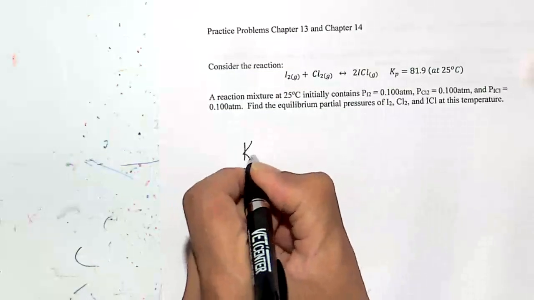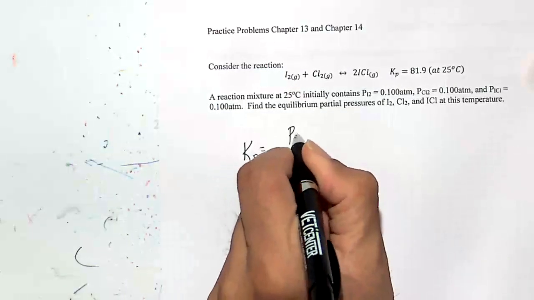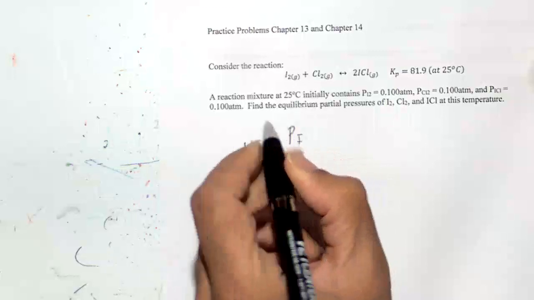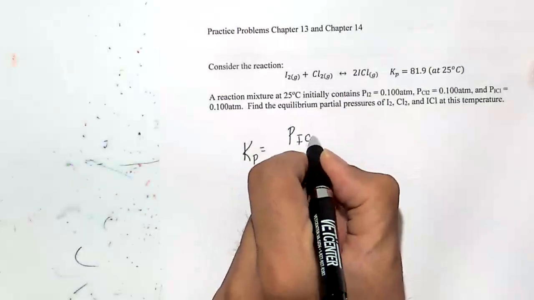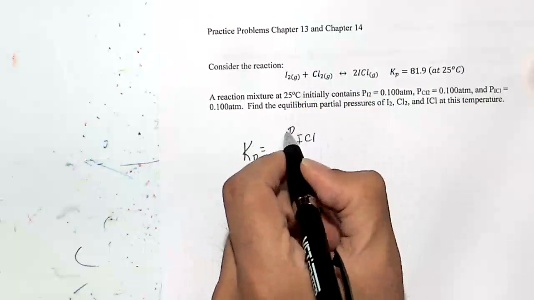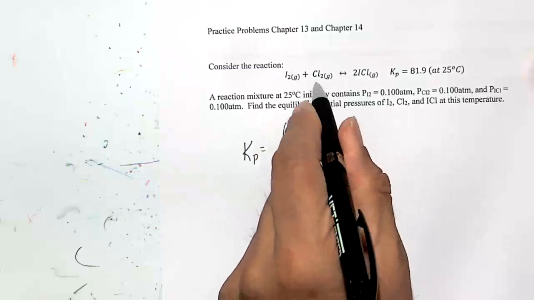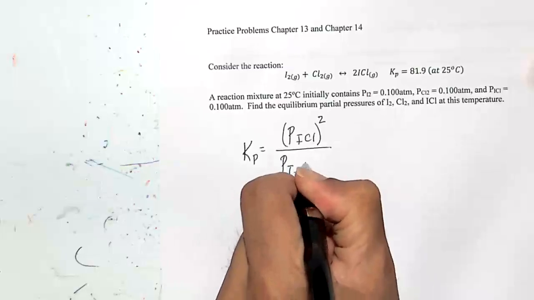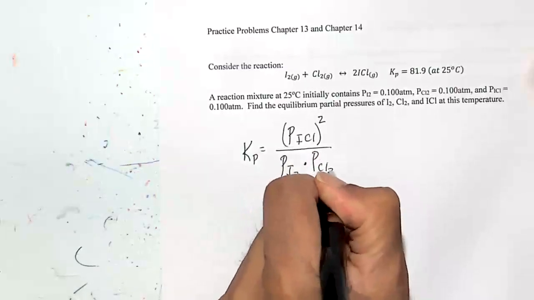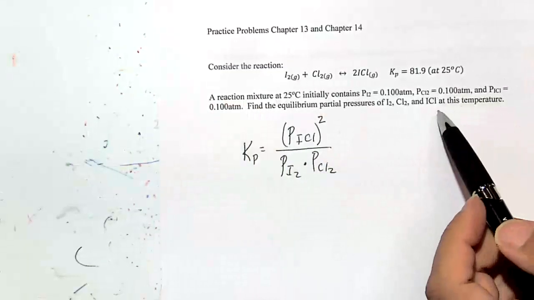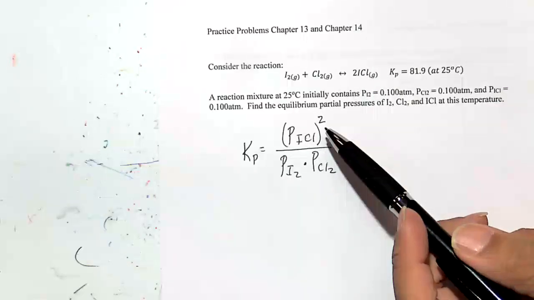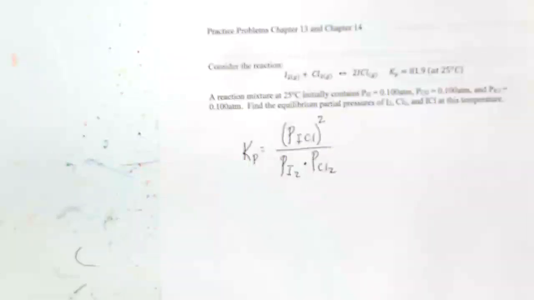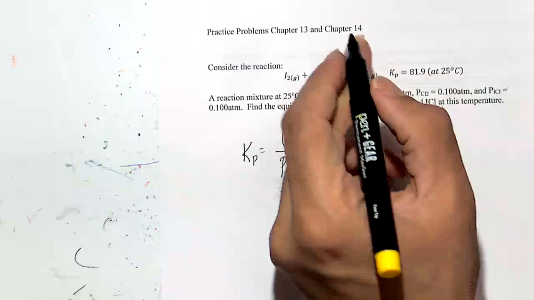So the Kp here is going to equal the pressure of ICl squared, this is balanced, divided by the pressure of I2 times the pressure of Cl2. You see how I got that? Products over reactants, and the squares because you have a 2 in here.